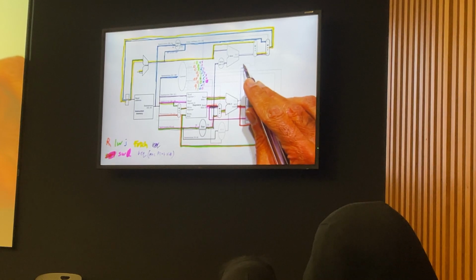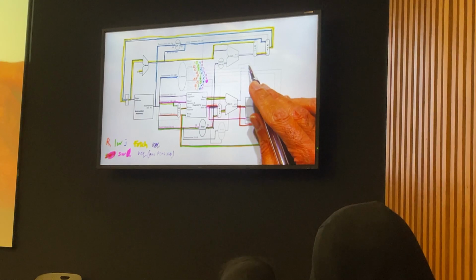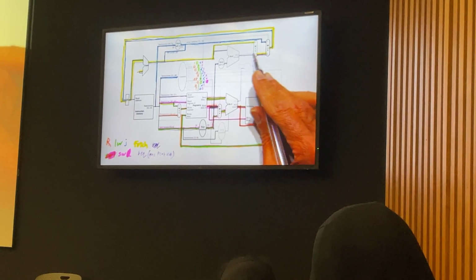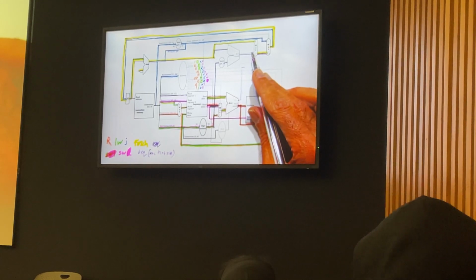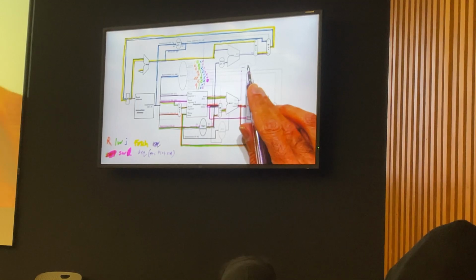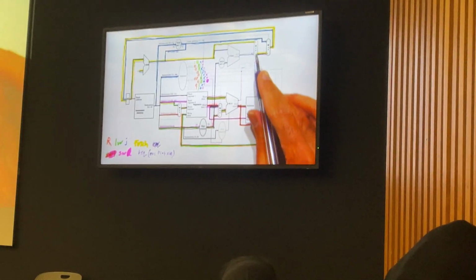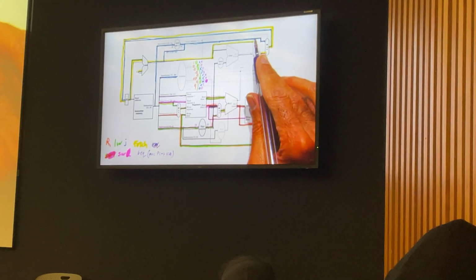So if they're equal, the branch control will get true, and we'll make it pick this input. If it's not equal, this is a 0, which means the output of this is a 0, which means you will not be doing the branch target address, you'll be doing the PC plus 4.